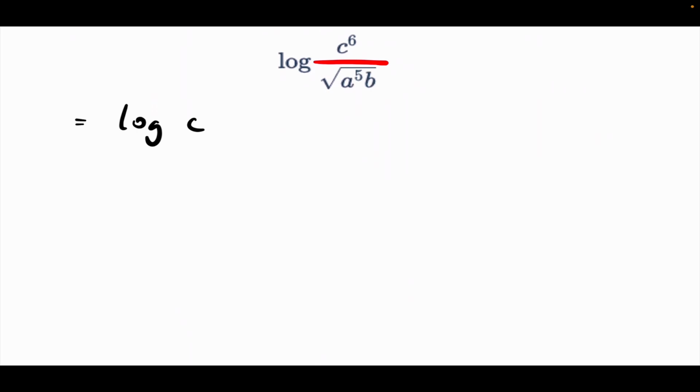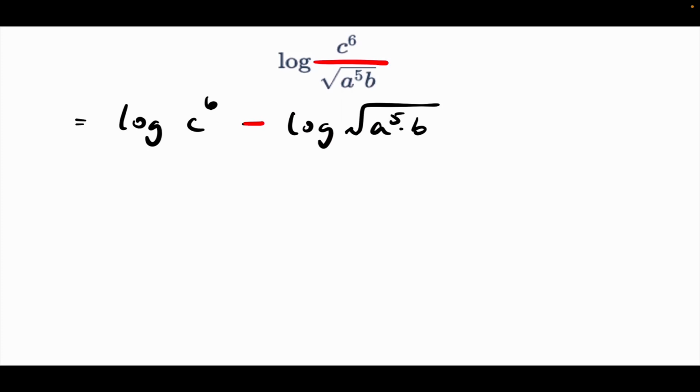So I have log of c to the 6 minus log of square root a to the 5th times b. No more division. Okay. But I have multiplication still in here, right? Well, before I do anything, let me give them some powers.